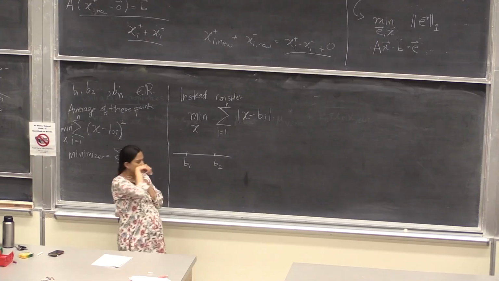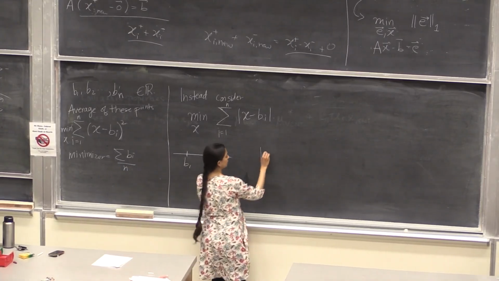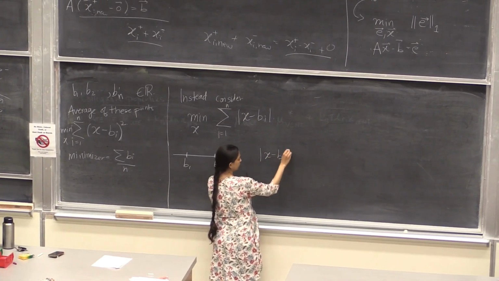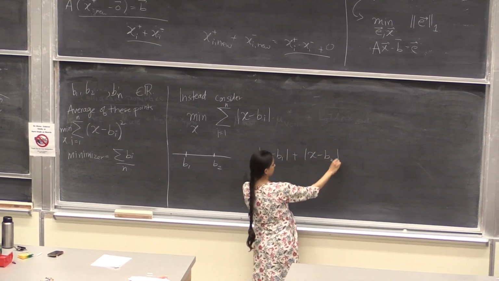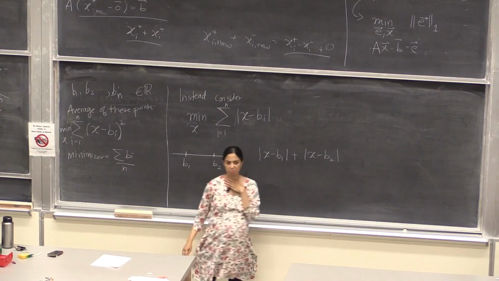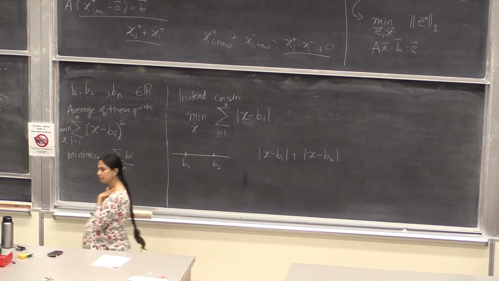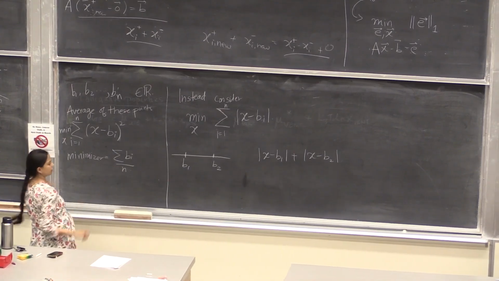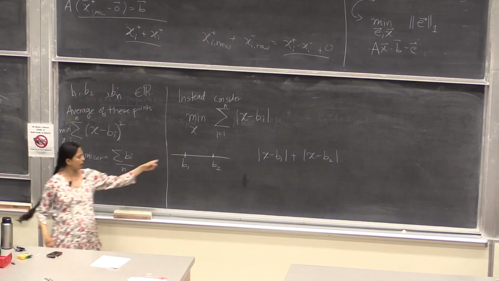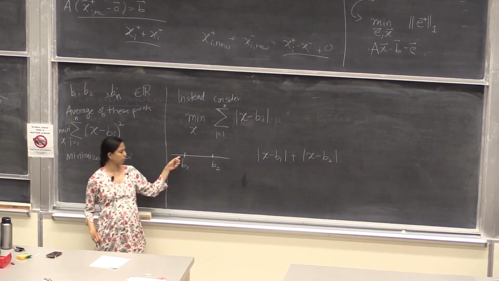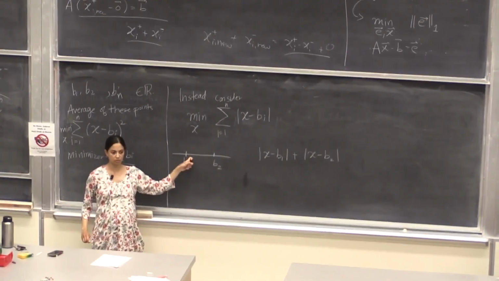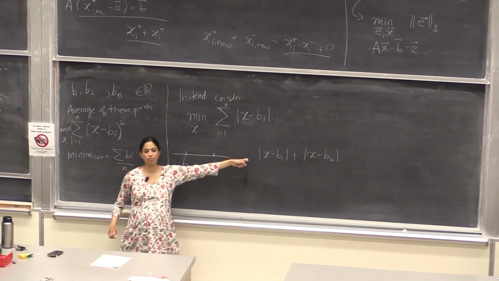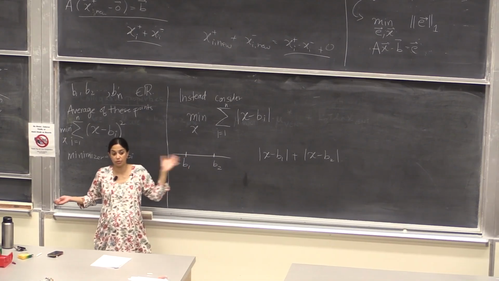What is my objective function equal to? |x − b1| + |x − b2|. Okay? So let's look at this thing. Now, where can x be? x can be over here, x can be in between here, or x could be over here, right? These are the 3 options. This is the real number line.